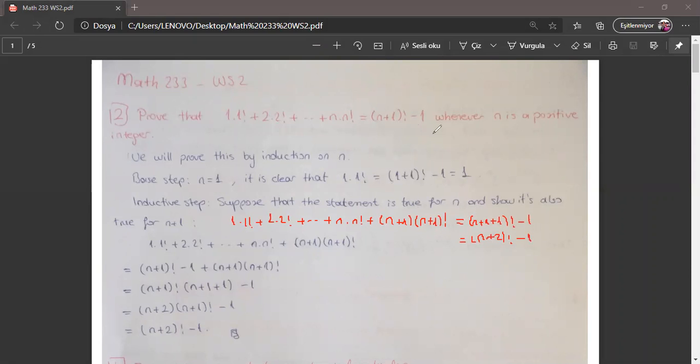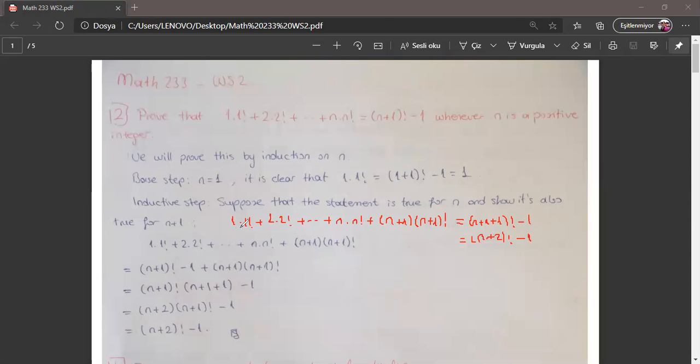If this statement is true for all positive integers n, we need to show this for n plus 1 too. So we suppose it's correct for n and show it's also correct for n plus 1. It means we need to have this equality: on the left, we need to have this, and on the right, we need to have that one.